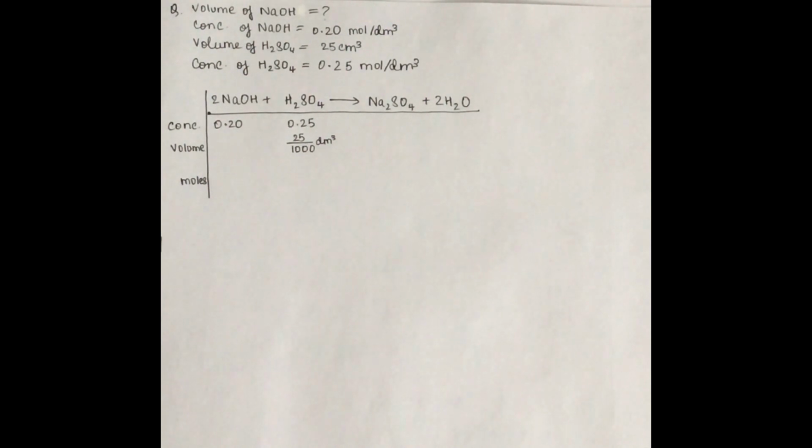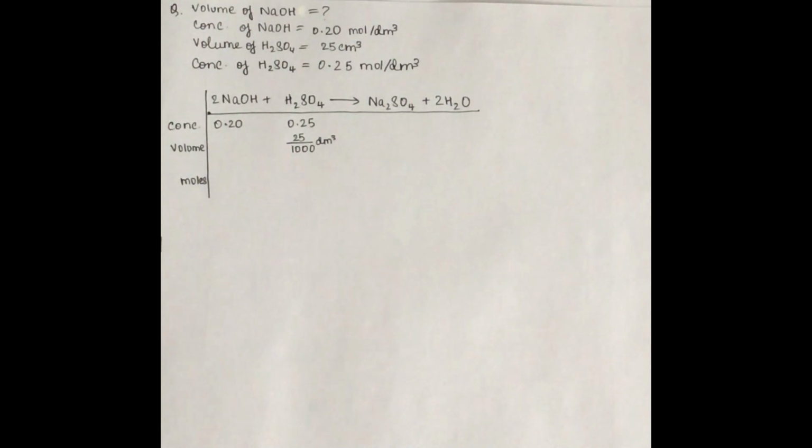So the first thing is to identify the values which you have been given, along with the compound. We have to find the volume of NaOH, we have the concentration of NaOH, and we have the volume and concentration of H2SO4.